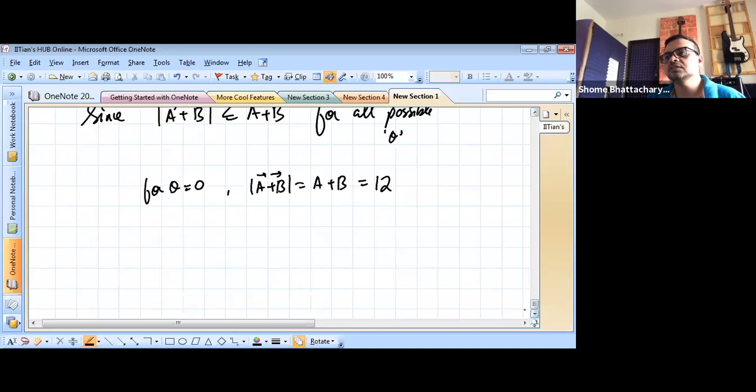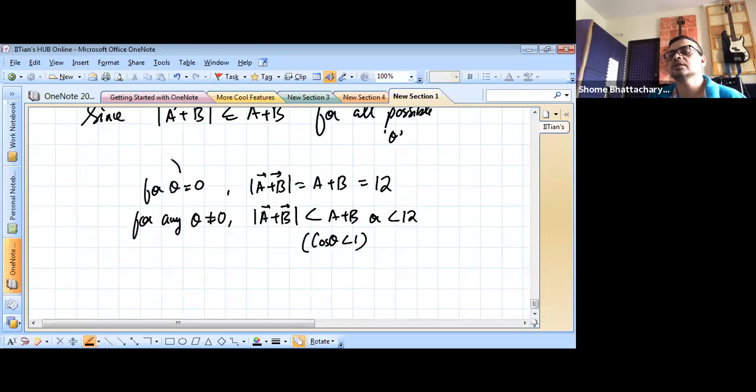Whereas for any theta not equal to 0, magnitude of A plus B will be less than 12, because cos theta will become less than 1.